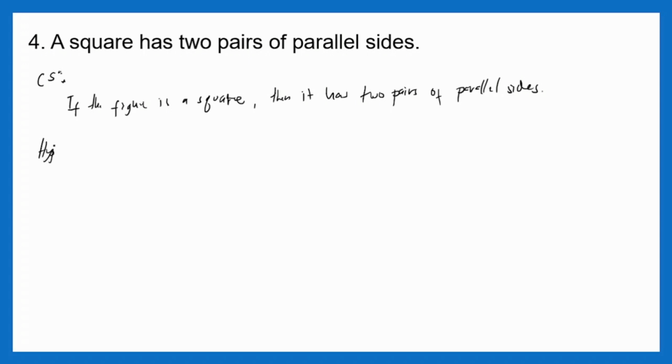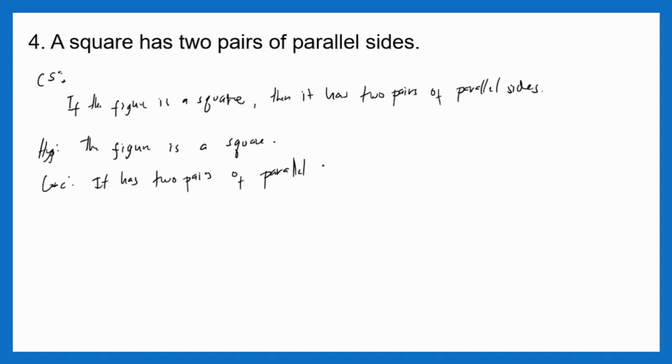Alright, so hypothesis, the figure is a square. So, hindi lang laging figure ha, pwede rin shape. If the shape is a square, pwede yon. Next, conclusion. It has 2 pairs of parallel sides.